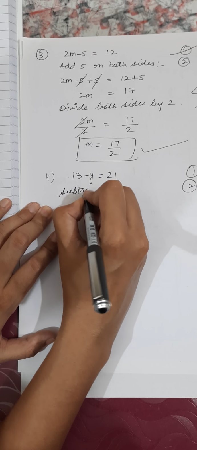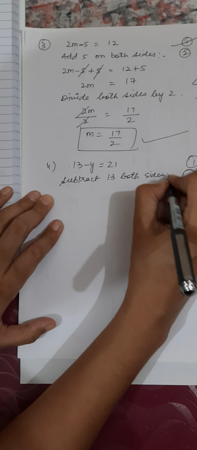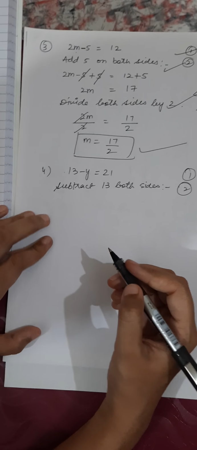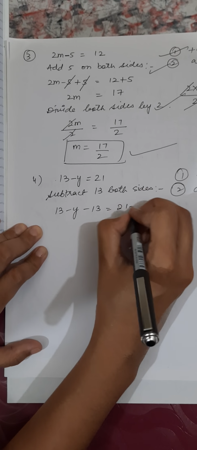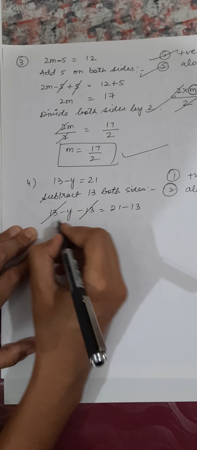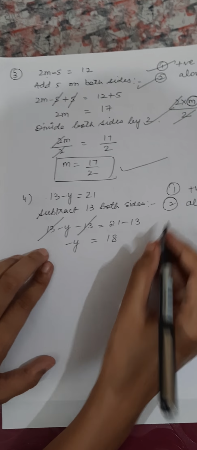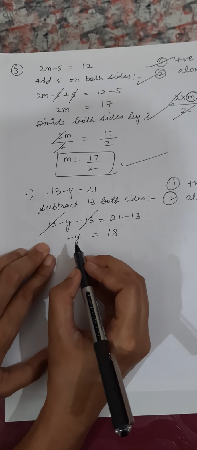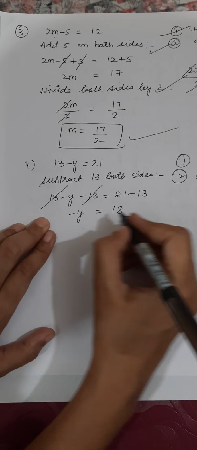Subtract 13 on both sides. You are going to write this line everywhere. Whatever you are doing, you have to write these lines. Now 13 minus y minus 13 is equal to 21 minus 13. 13 and 13 cancelled. Minus y is equal to 8. Okay, now I have to make it positive.